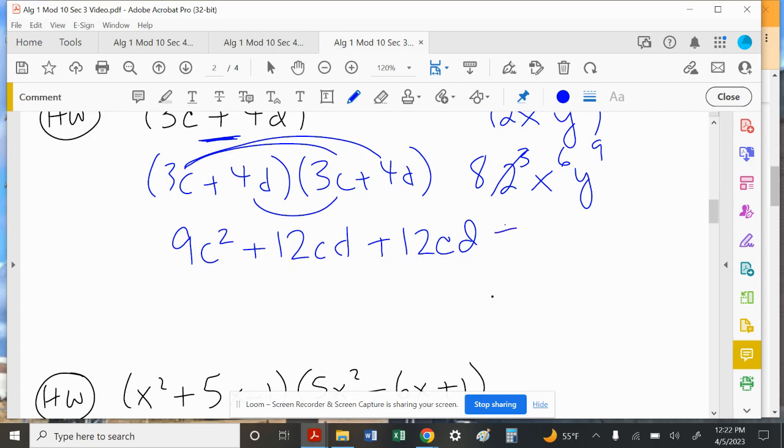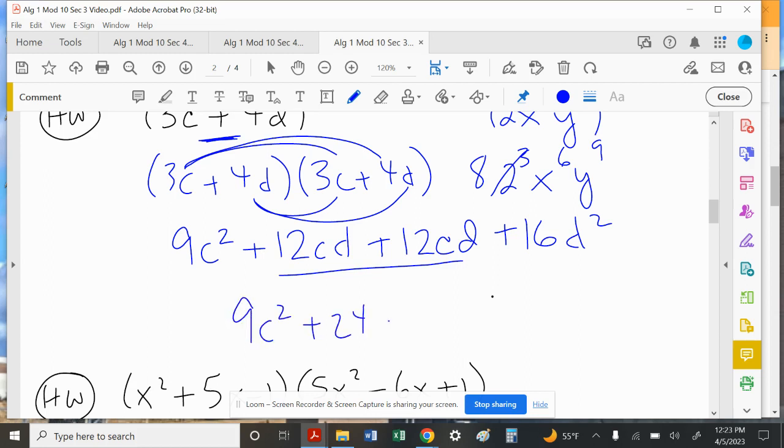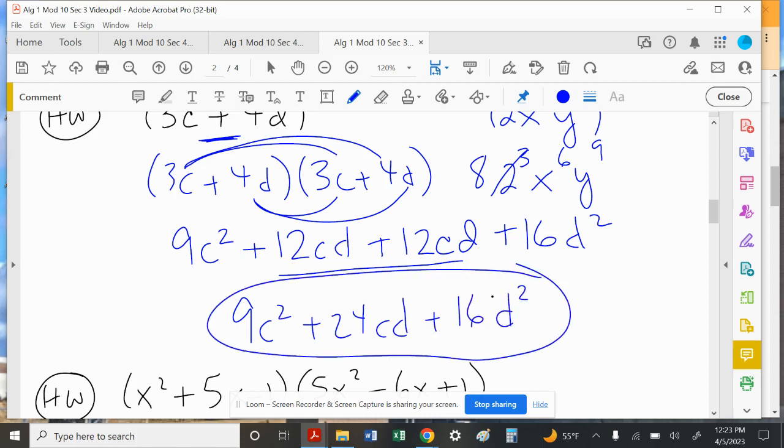And then finally, we have 16d squared. That would be our 4d times itself, which is 4d times 4d. 16, 4 times 4 is 16, and d times d is d squared. We have these two that add together, so we have 9c squared plus 24cd plus 16d squared. And that would be our answer.